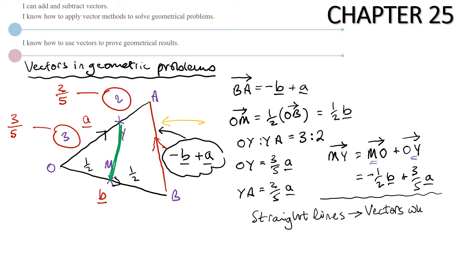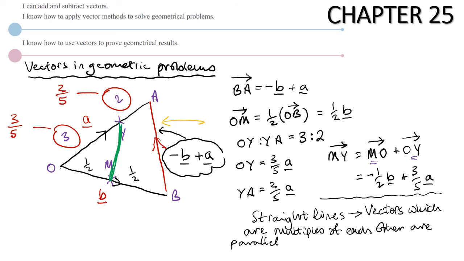Vectors which are multiples of each other are parallel.